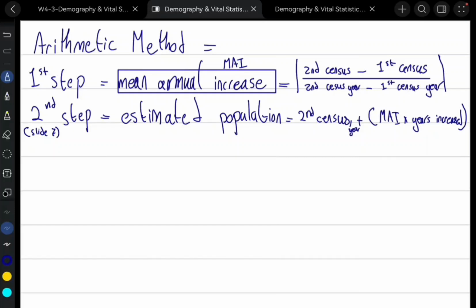We add to this the MAI, which is 5,000, the one we found, multiplied by the years we want to increase. For example, we're searching for 1984. That's 4 years over 1980. So it's MAI, 5,000, multiplied by 4, which is 20,000. So we add 250,000 plus 20,000, that's 270,000.